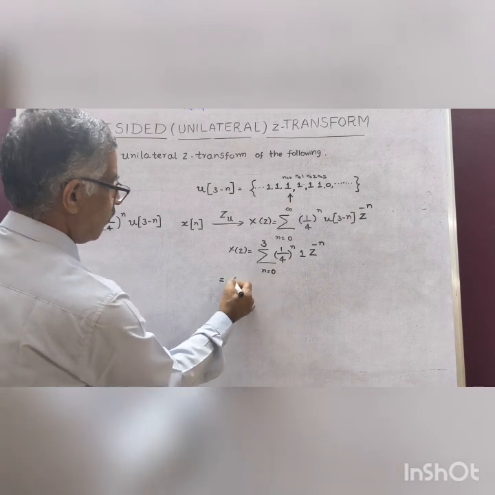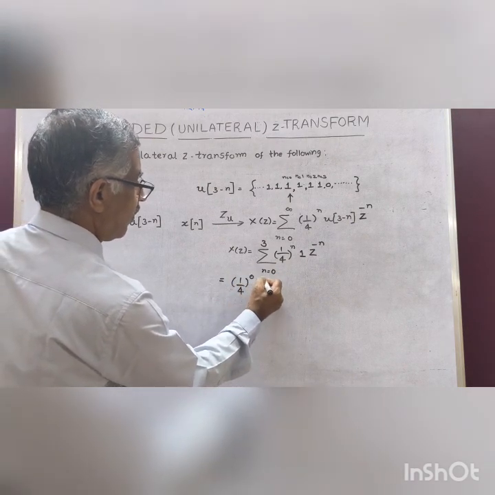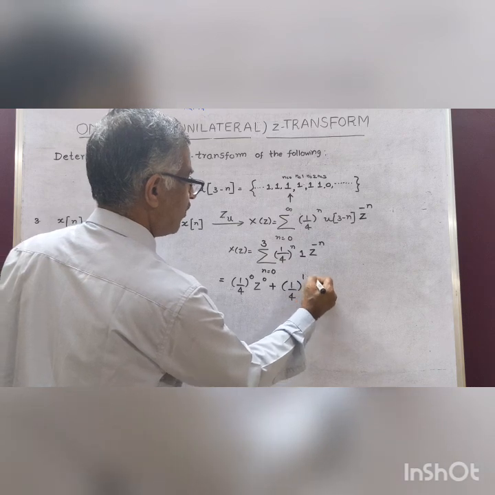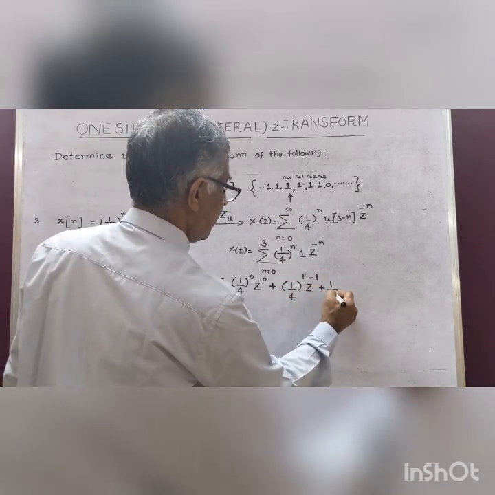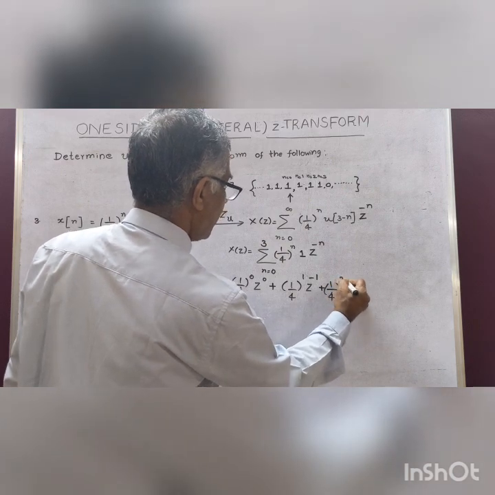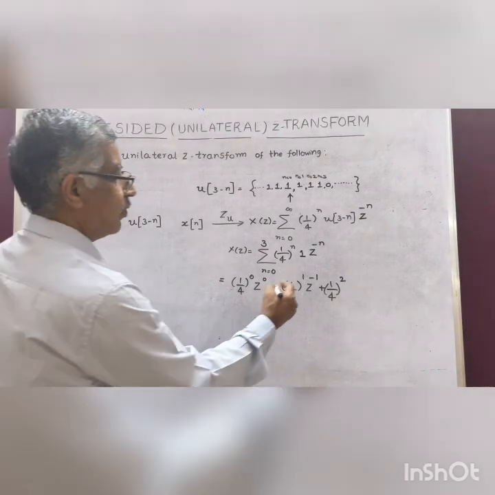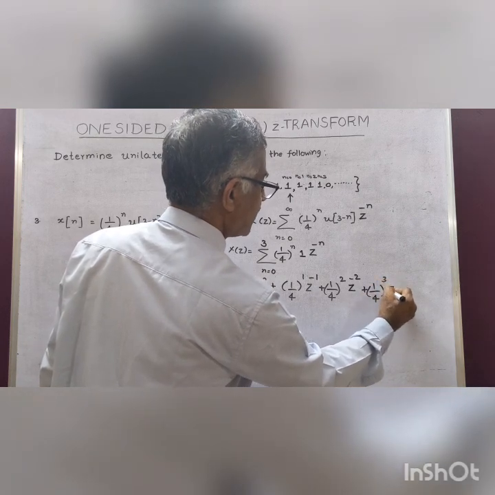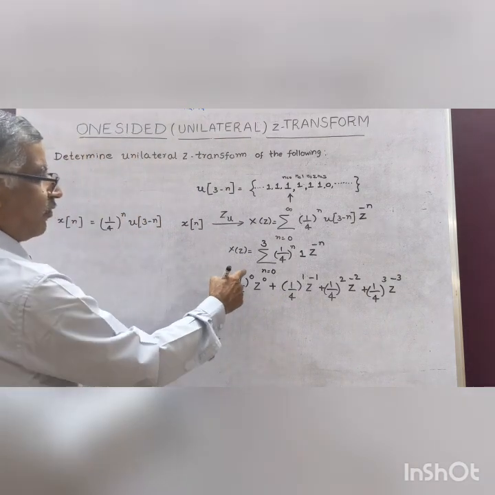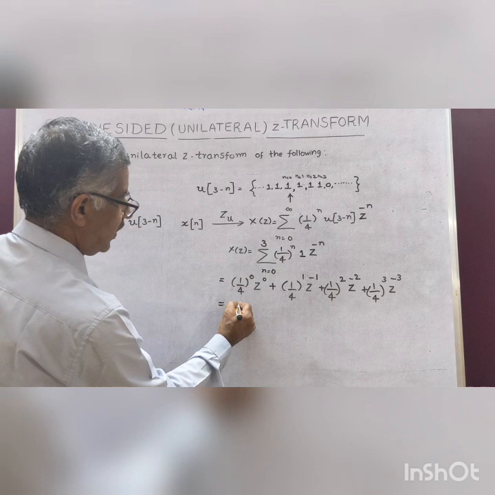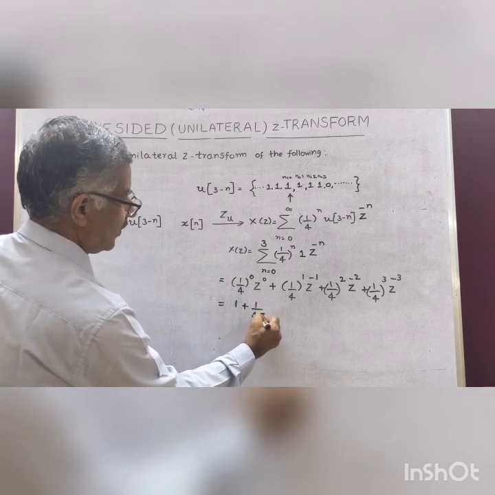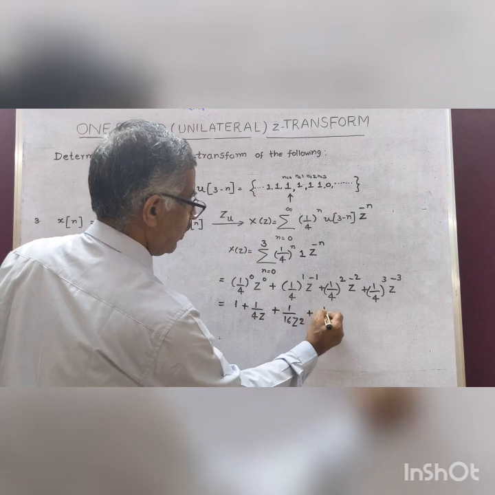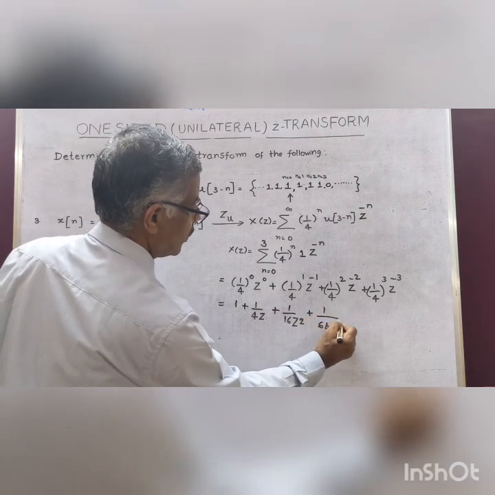First, n equal to 0, 1 by 4 to the power of 0 into z to the power of 0, plus 1 by 4 to the power of 1 z to the power of minus 1, plus 1 by 4 to the power of 2 z to the power of minus 2, plus 1 by 4 to the power of 3 z to the power of minus 3, equals 1 by 4 to the power of 0 is 1, z to the power of 0 is 1, plus 1 by 4 z plus 1 by 16 z square plus 1 by 64 z cube.